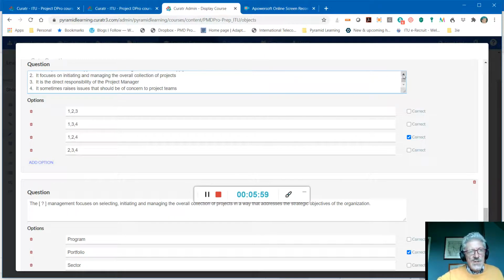So in the question, three of these will apply and one of them doesn't. We're saying which of the phrases best describe portfolio management? Well, three, the direct responsibility of the project manager, it clearly isn't. That's got nothing to do with it. So we can quickly look down here and say that option C doesn't include three, so it's the right answer.